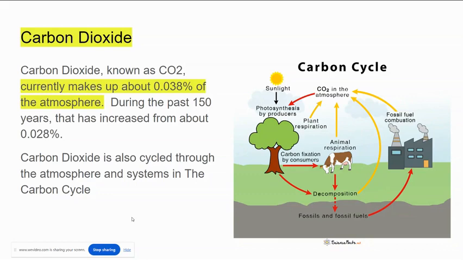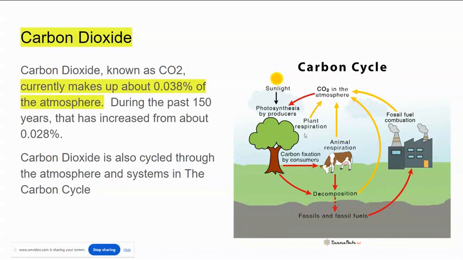Now, carbon dioxide is also cycled in the atmosphere, right? As you know, you breathe out carbon dioxide and you take in oxygen, and plants, as part of photosynthesis, take in carbon dioxide and give off oxygen. So I'm referring to animal respiration and plant respiration.